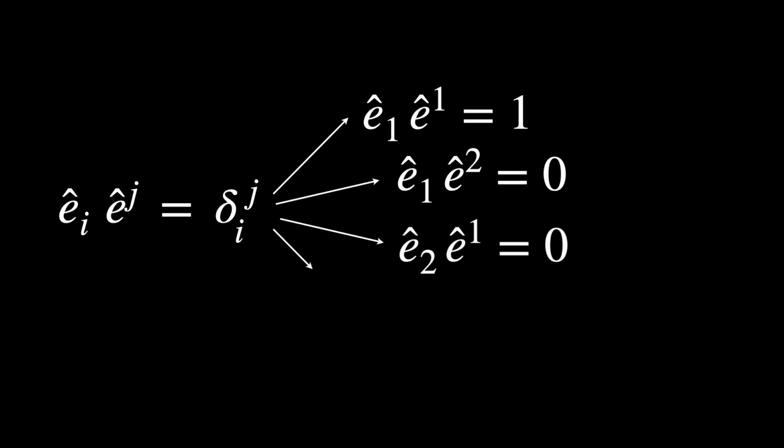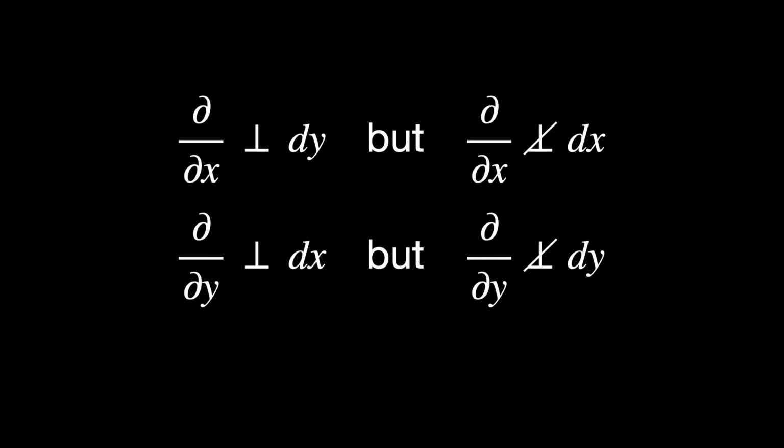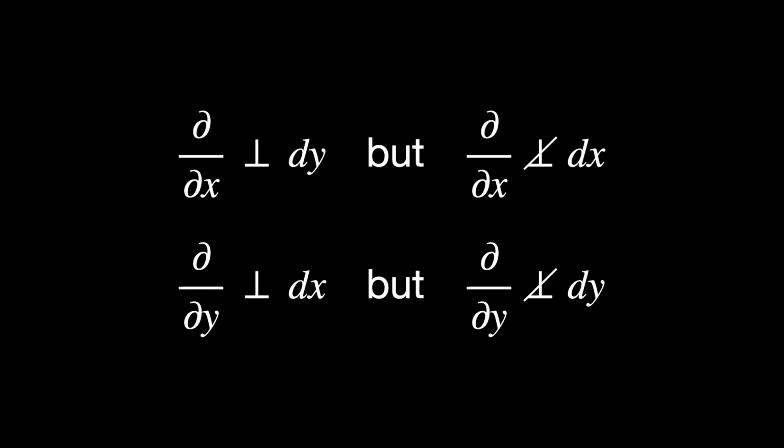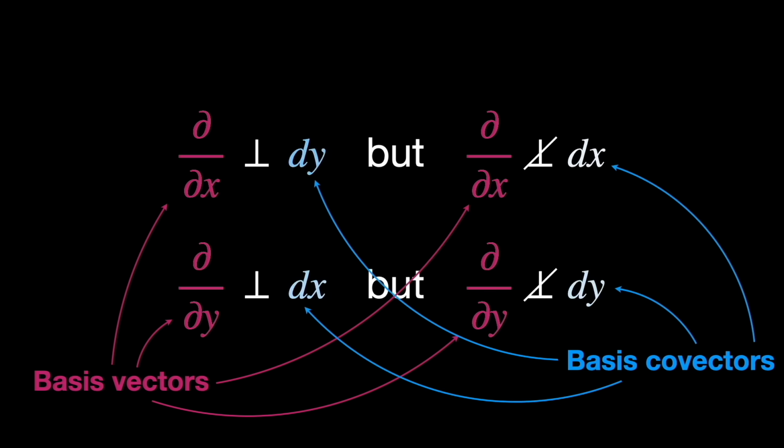And this fact can be expressed in a more compact way as this. ei subscript times ej superscript is the Kronecker delta. So basically the identity matrix. And that's precisely what's going on here. Partial x is perpendicular to dy, and so on for the other terms, using them as basis vectors and basis covectors.